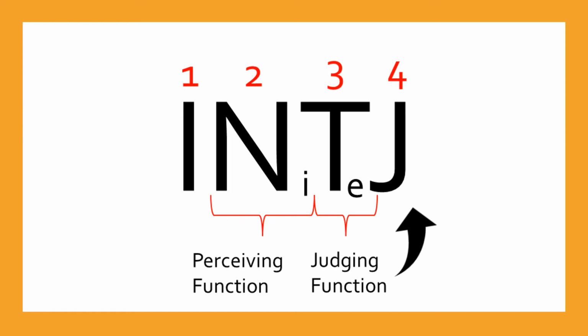This last letter informs us of the cognitive function that is extroverted. In the case of the INTJ, the J indicates that the judging function is extroverted. If the judging function is extroverted, the perceiving function is automatically introverted. So now we know that the INTJ has a preference for introverted intuition and extroverted thinking.